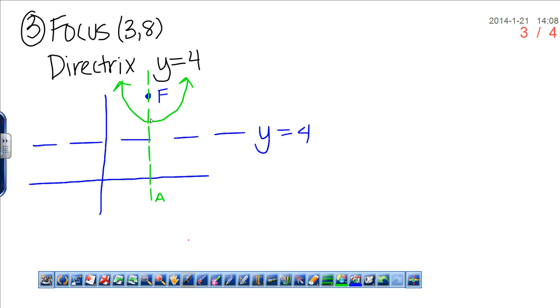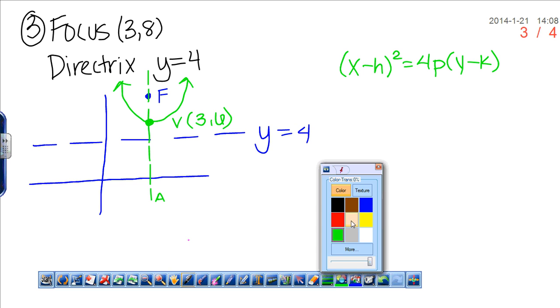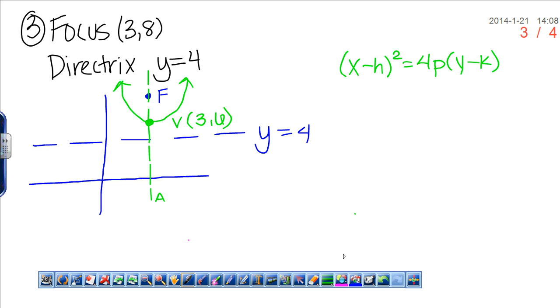How am I going to find my vertex? It's got to be in between. So what's my vertex going to be? 3, 6. All right, so this opens up. So that's x minus h squared equals 4p times y minus k. So what information do I still need? I need p.